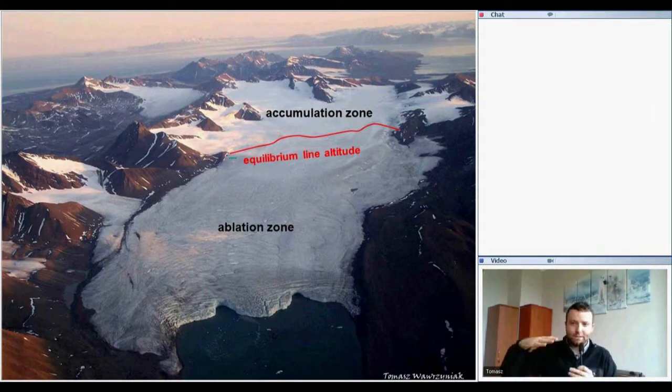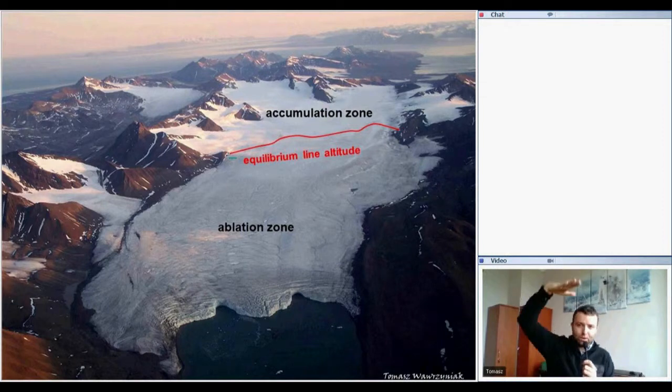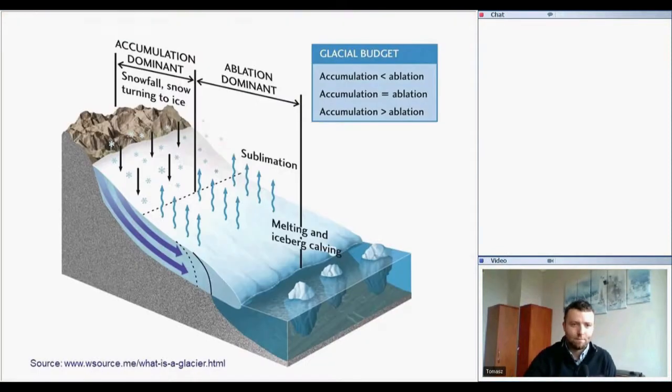And if there is enough snow, the pressure from above forms ice, because the snow recrystallizes and it forms ice. That's how it looks. Accumulation dominant in accumulation zone, ablation dominant in ablation zone. When a glacier terminates in the sea, there is a process of calving, so breaking of huge blocks of ice from the glacier front.